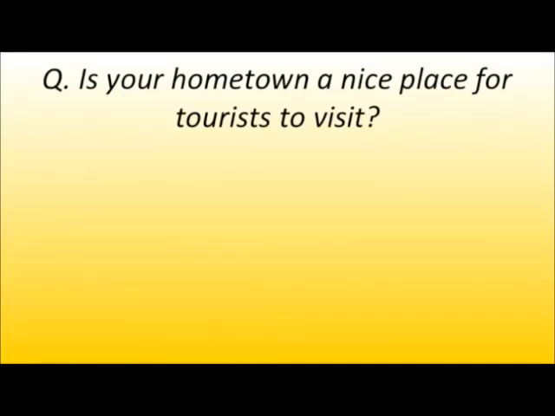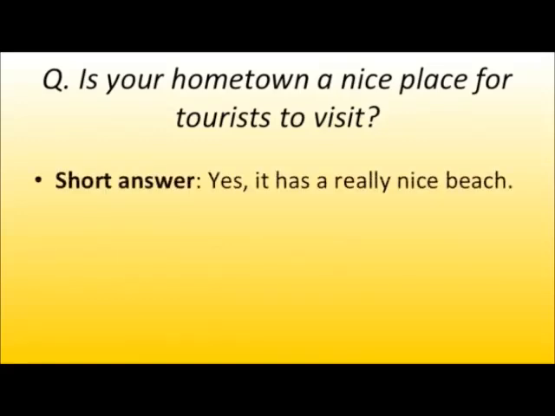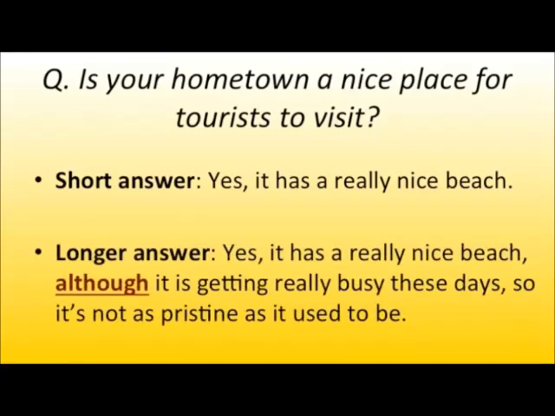Question: is your hometown a nice place for tourists to visit? A short answer would be yes, it has a really nice beach. A longer answer can be yes, it has a really nice beach, although it is getting really busy these days, so it's not as pristine as it used to be. So do you notice how a contrasting piece of information is adding length to your answer?